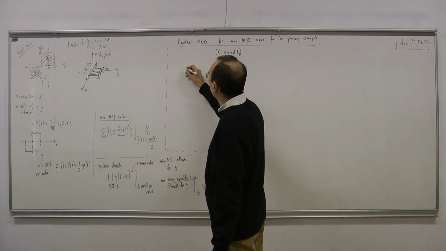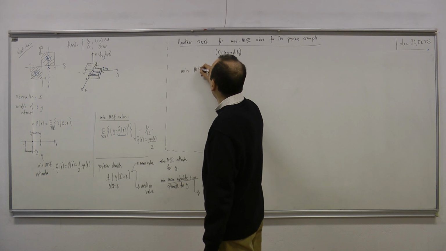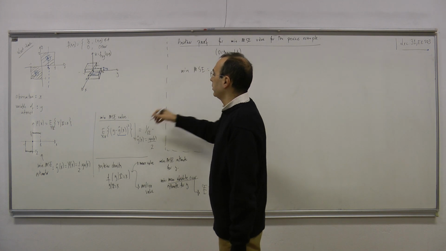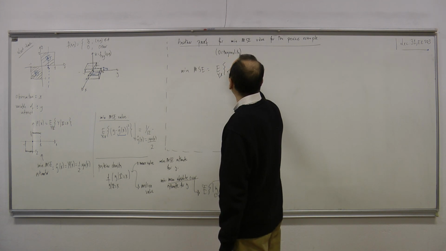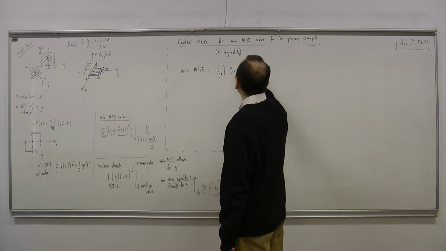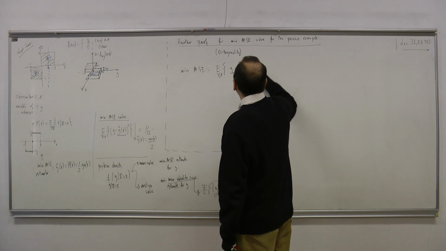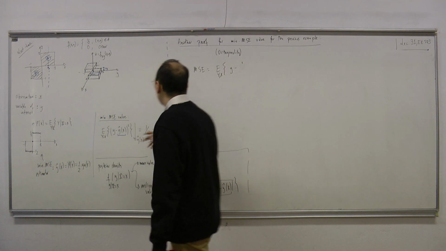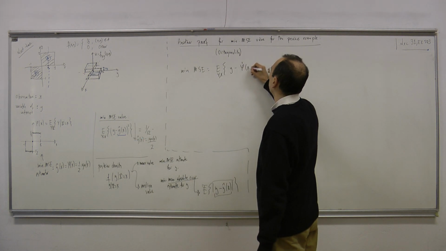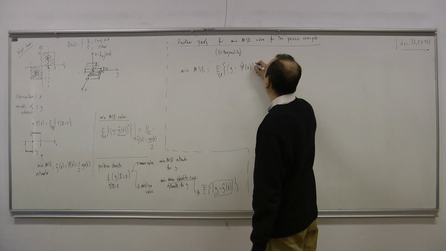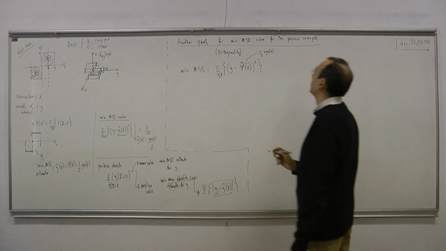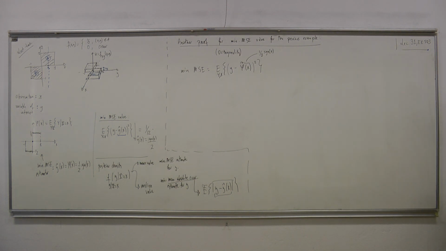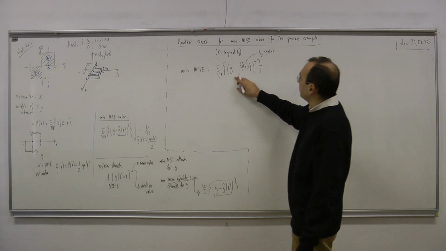So what should I calculate? The min MSE is the expected value over Y and X of Y minus, well, let me indicate this optimal estimator by something else, let's say psi of X, which is the optimal estimator, 1 over 2 sign of X. Now I should calculate this.